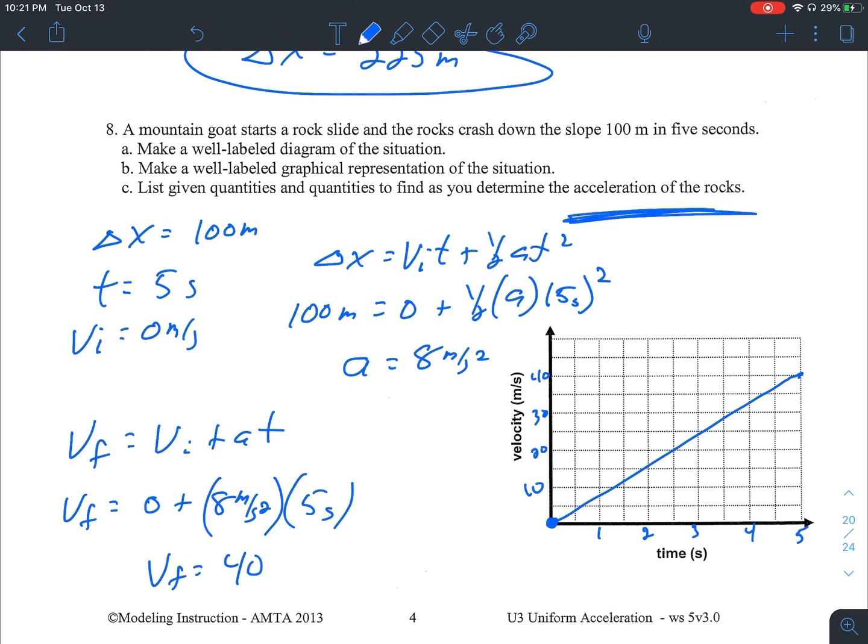So if you're saying the acceleration in this problem is 8 meters per second squared, identify how you solved that. It's the slope. If it was a computer generated graph, it will tell you the slope, so no need to do extra calculations. But if it's a hand-drawn graph, you do want to show the numbers that you used, just so that there's any differences in a rough sketch.